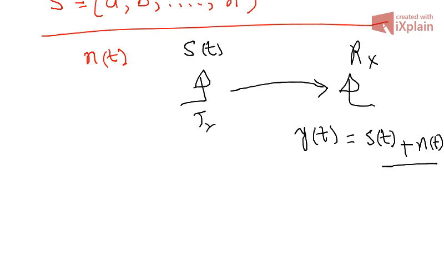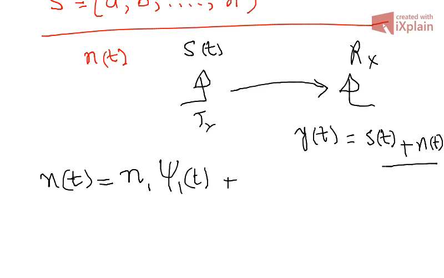So your noise, n of t, is a random process, and we can represent it in the signal space, assuming that the noise is in all the dimensions. We can write it as a linear combination: n1 psi 1 of t, similarly n2 psi 2 of t, and so on up to the last term, n n psi n of t.